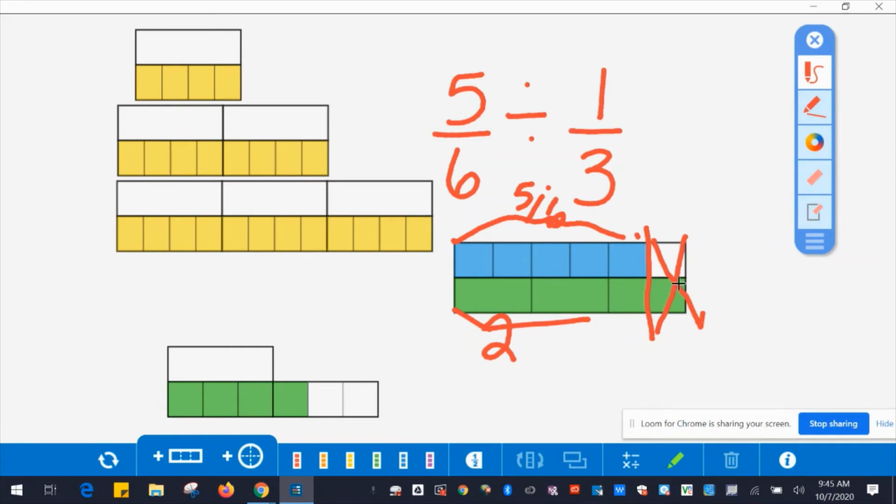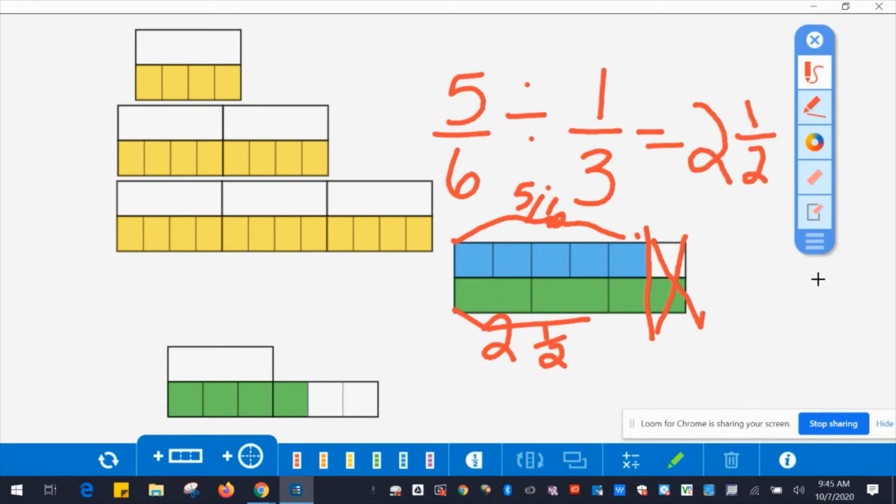I only have 5/6. So how much of this third is left? 1 out of 2 pieces, or 1/2. So we would say that 5/6 divided by 1/3 is 2 and 1/2.